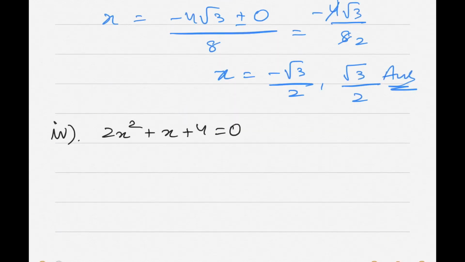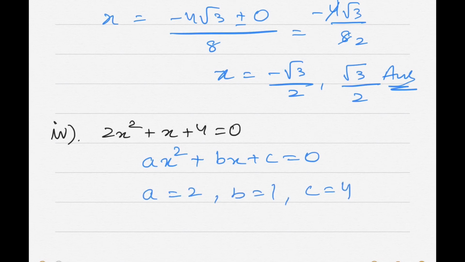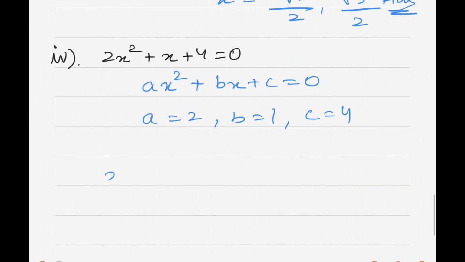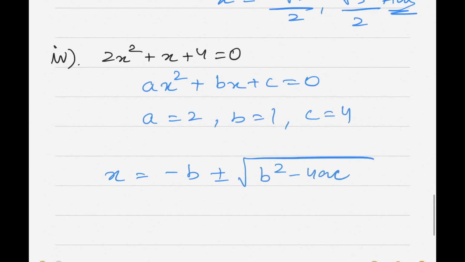Now the fourth part. The fourth part says 2x square plus x plus 4 is equal to 0. Comparing with the general form ax square plus bx plus c is equal to 0, I know my a is equal to 2, b is equal to 1, and c is equal to 4. Now my quadratic formula: x is equal to minus b plus minus square root of b square minus 4ac, by 2a.